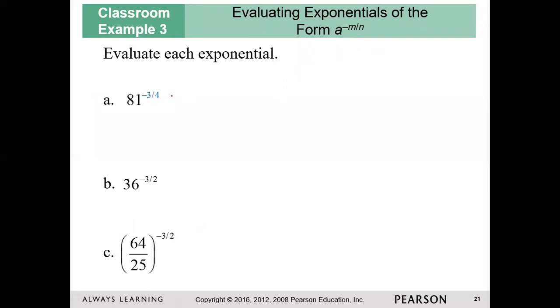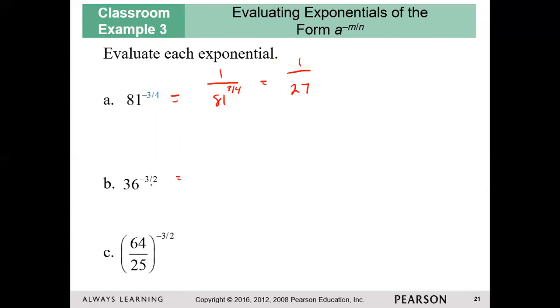All right, so again, with this one, the first thing that I would do is I would use this negative exponent to say that this is 1 over 81 to the 3/4 power. And 81 to the 3/4 power is going to be 1 over, this should be 27. When you type in 81 to the 3/4 power in your calculator, that is what you get. Okay.